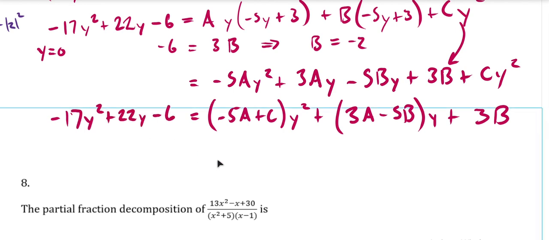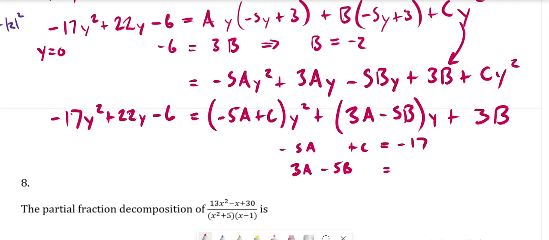Coefficient comparison says that this coefficient and this coefficient must be the same. And so I wind up with minus 5a plus c equal to minus 17. Then this one and this one must be the same, so we wind up with 3a minus 5b equal to 22. And then this last one says 3b is equal to minus 6.